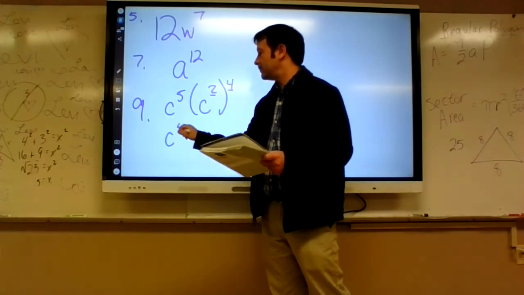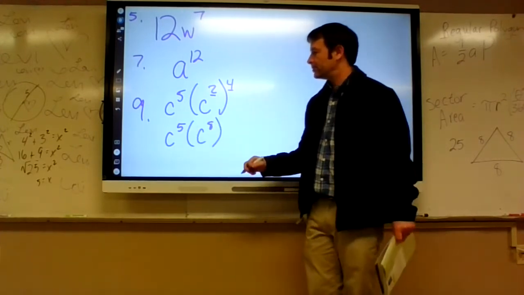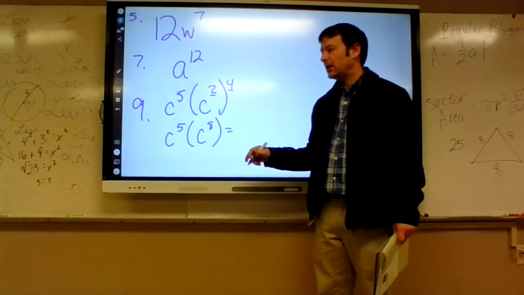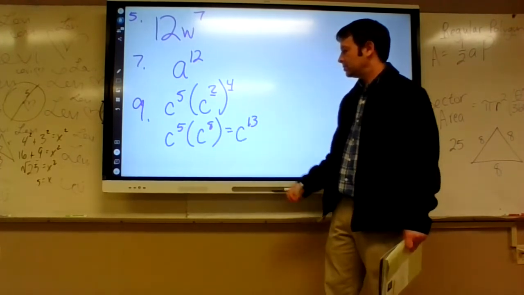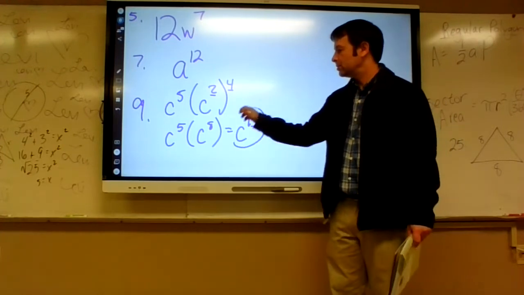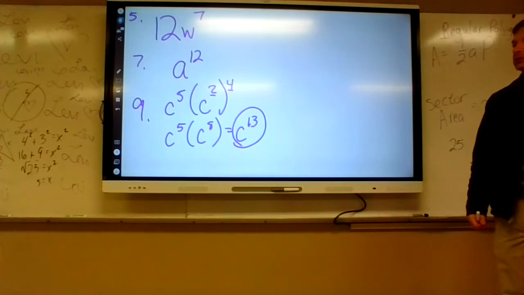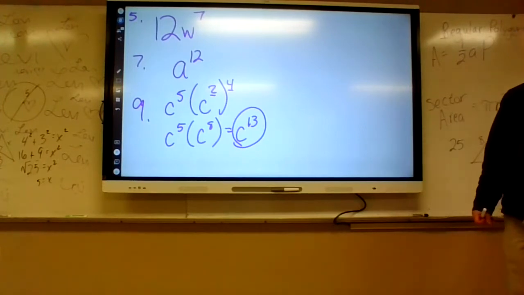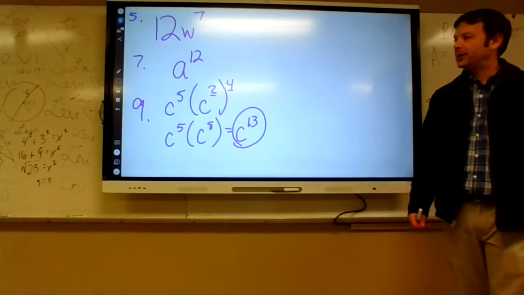So we got c to the 5th times c to the 8th. Now what do you do? You add. So I got c to the 13th. So order of operations mattered on that one. We had to do 2 times 4 first, then we had to add the 5.